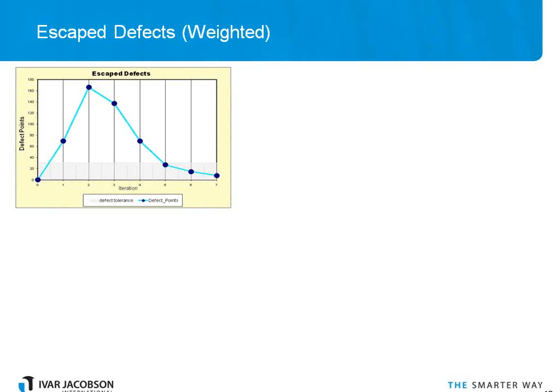We're finding the big high priority defects early in the project, and then we're reducing the numbers at the end. The grey bar across the bottom, that represents our target. We are, in this case, allowed to release the software with 30 of these defect points.